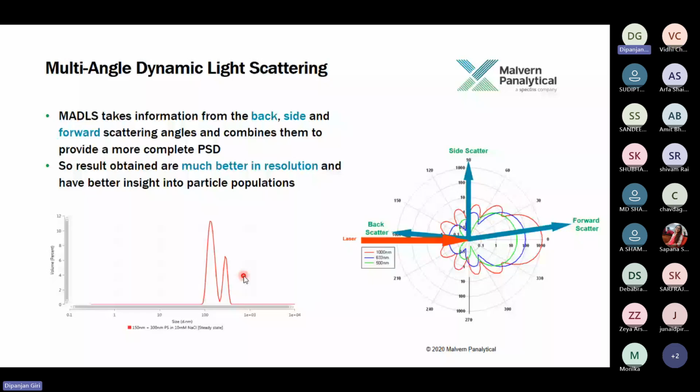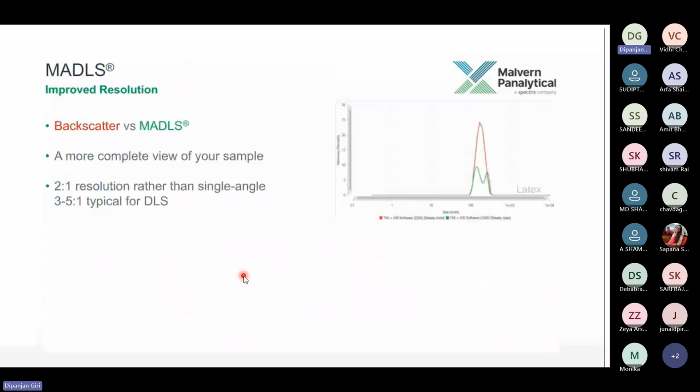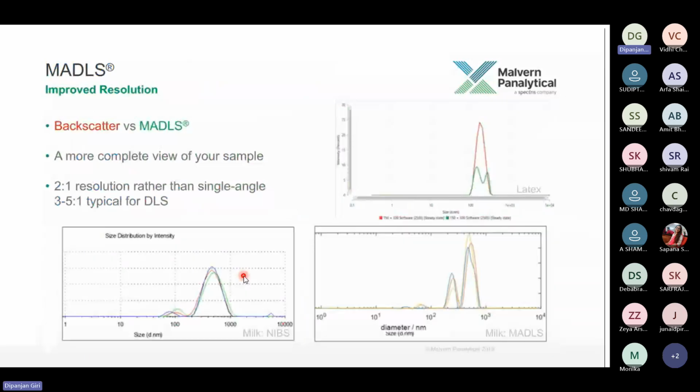So this MATLAB actually allows for improved resolution, and if you look at some results, this is an example of a milk sample, right? At the left side is the result from the backscatter, and on the right side you are looking at the MATLAB result.